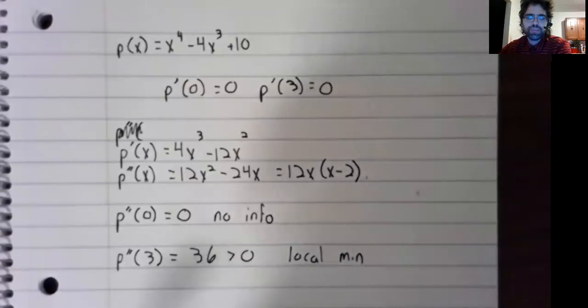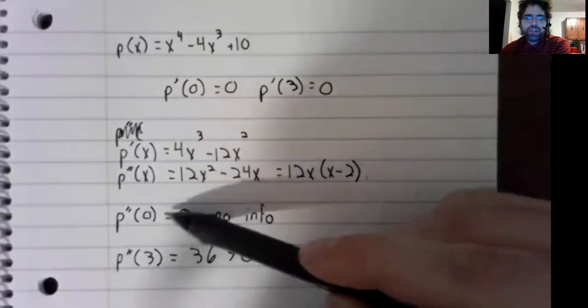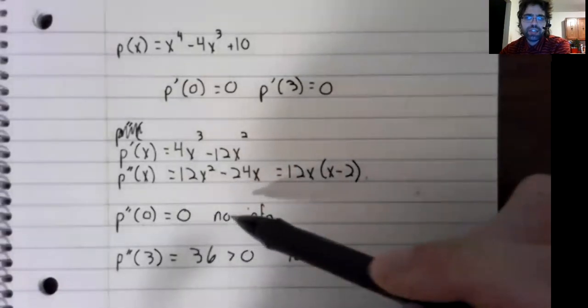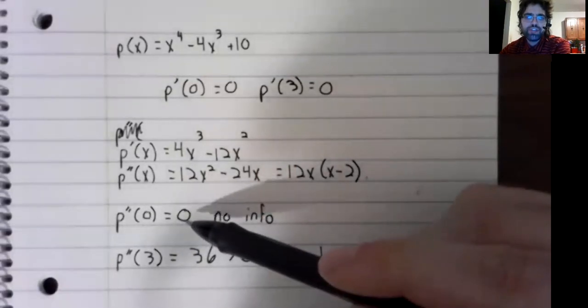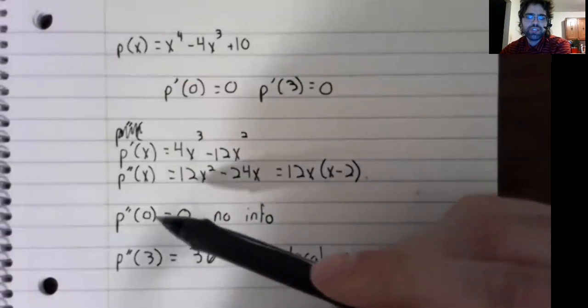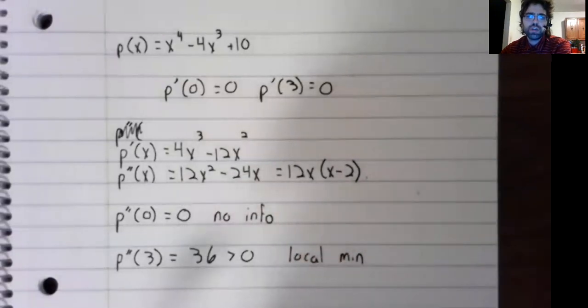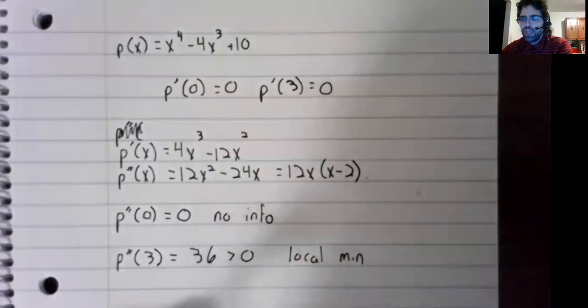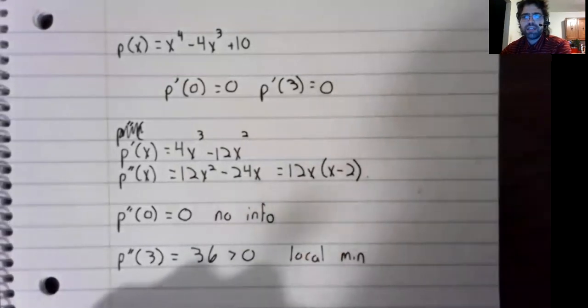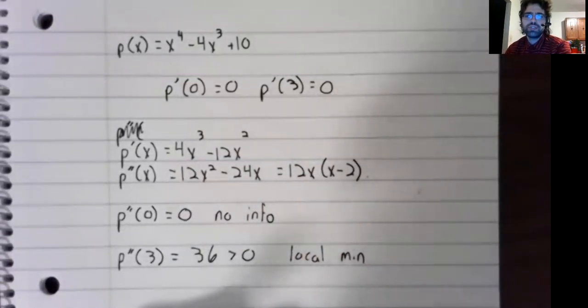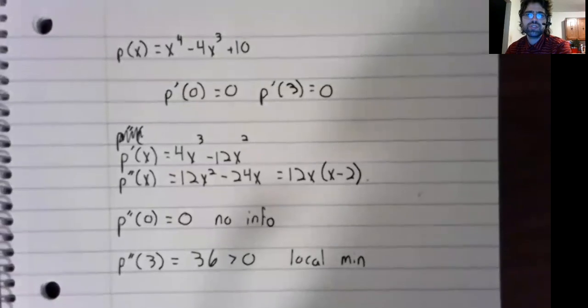So that's a local min. When we classified this, we did use the first derivative test, and we found that 0 is neither a local max nor a local min, but you can't get that from the second derivative test.